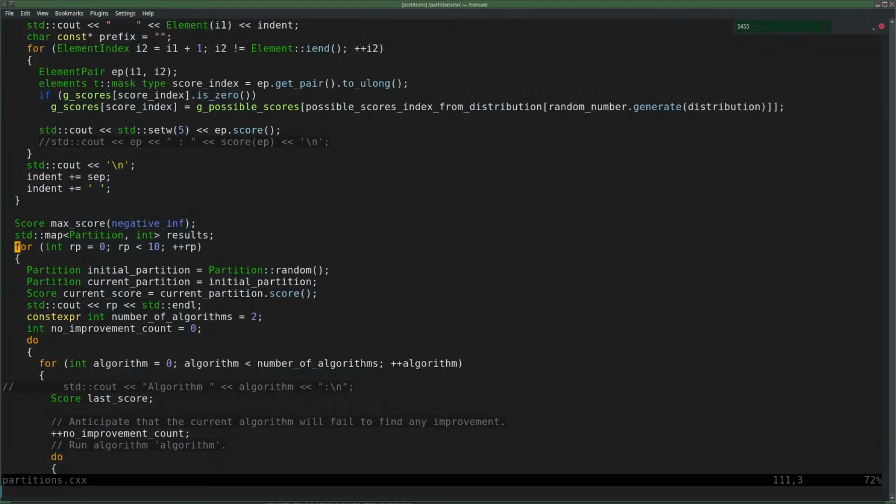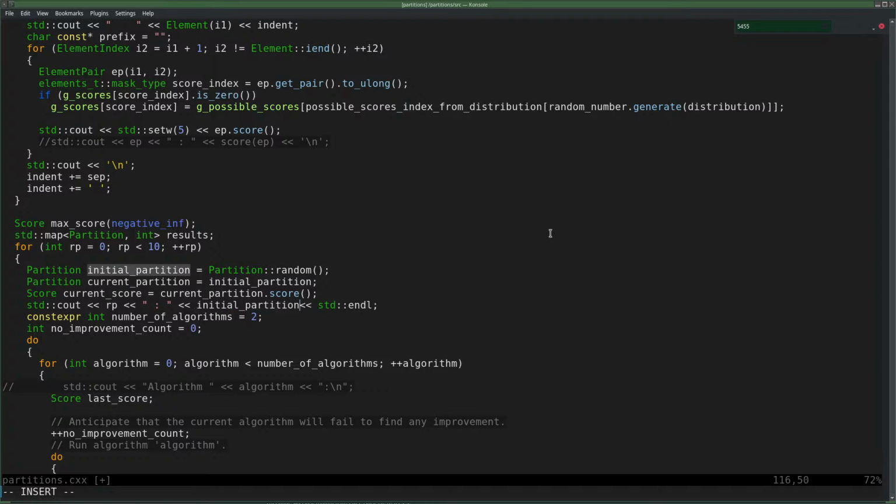Where does that come from? One possibility is that my random partition generator is broken. I guess I'll just have to print them again. I really don't care about the score. Current partition.